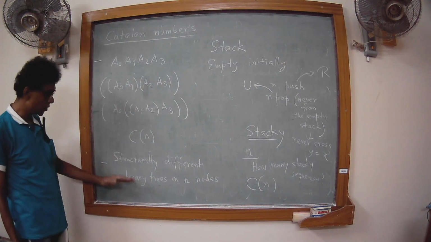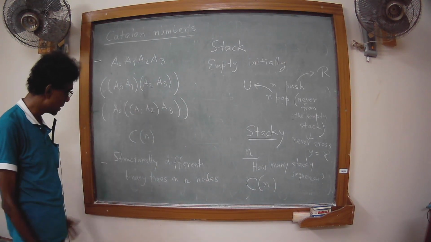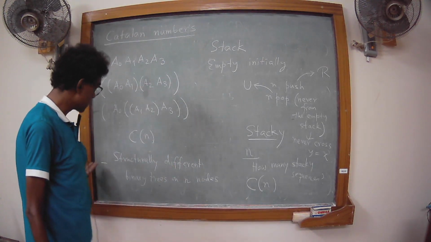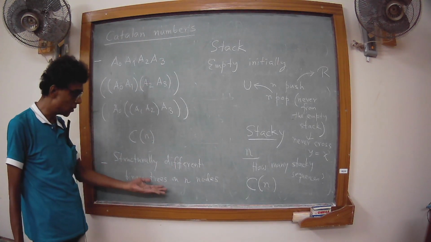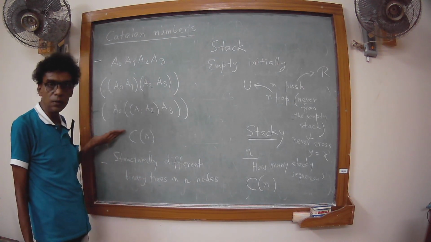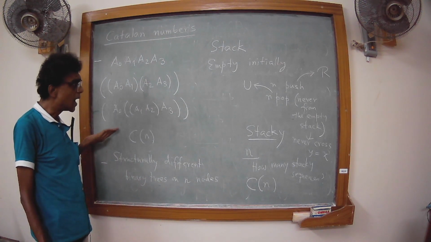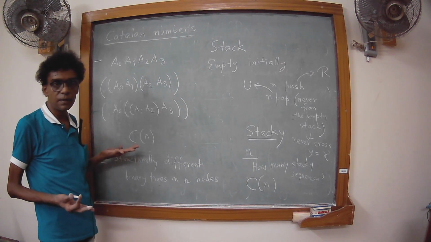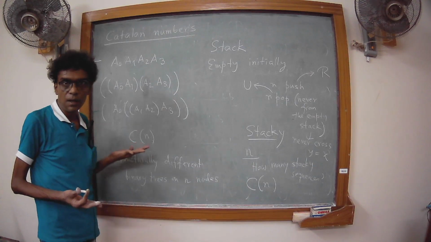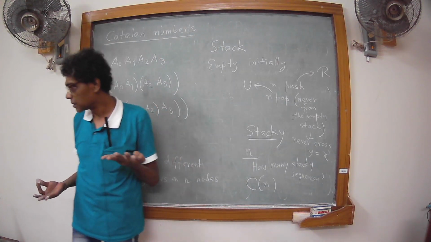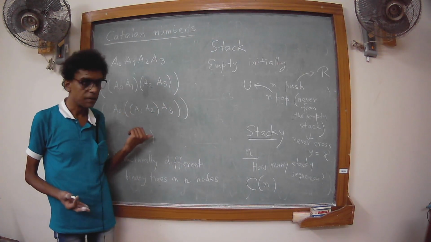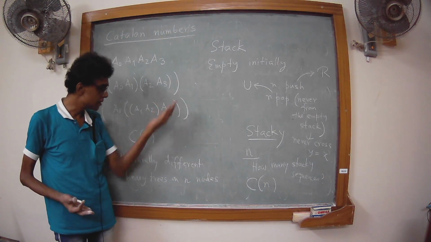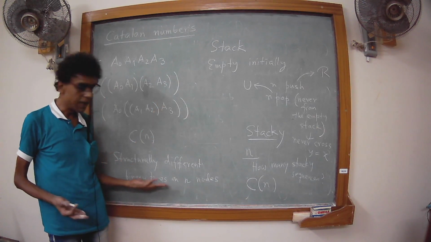In your algorithms course, you will understand what a binary tree is and what the structure of a binary tree is. So, how many structurally different binary trees are there on n nodes? This number is also equal to the nth Catalan number. In fact, there are many combinatorial interpretations of Catalan numbers, many of which make enough sense in computer science. So, we have seen three such things: stacky sequences, parenthesization, and binary tree counts.